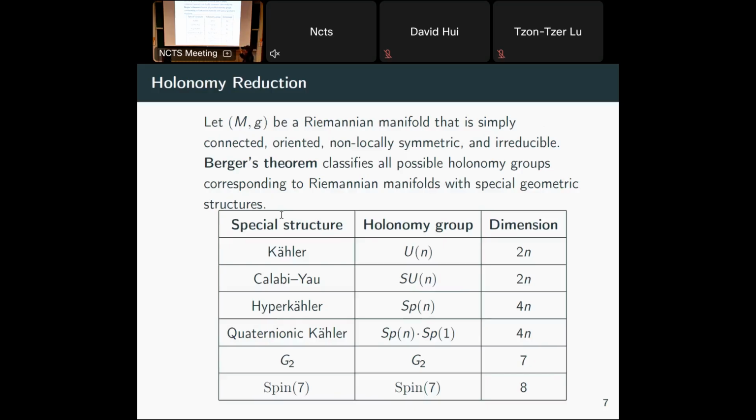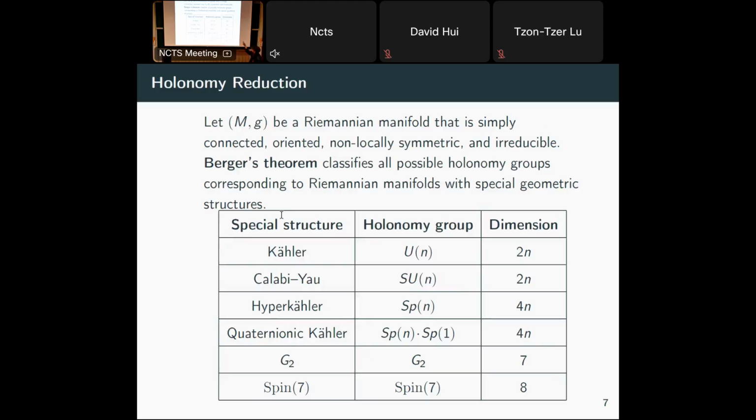The more geometric structure you impose on your manifold, the smaller this group gets. Now you can clearly see if your manifold is orientable, then already you have the special linear group: instead of GL(n,R), it becomes SL(n,R). If you have a Riemannian metric, then you have the notion of orthonormality, and this holonomy group reduces further to SO(n).